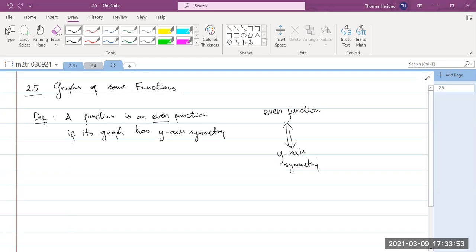But it has y-axis symmetry if, when we reflect with respect to the y-axis, it fits the graph. In other words, if we replace x by negative x, and y stays the same, we get the same equation.